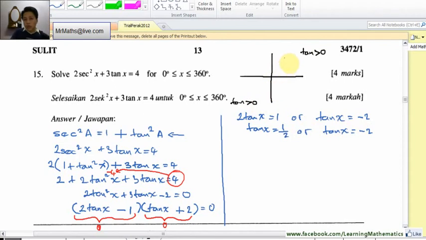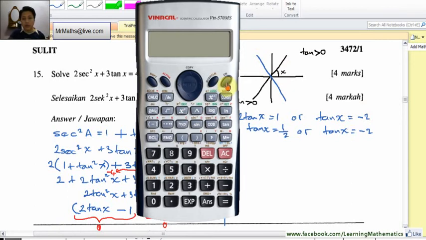So you will probably get an angle like this. This could be our x, and then we have tangent x equal to minus 2, so that falls in either the second quadrant or the fourth quadrant. So we have x in all the quadrants.